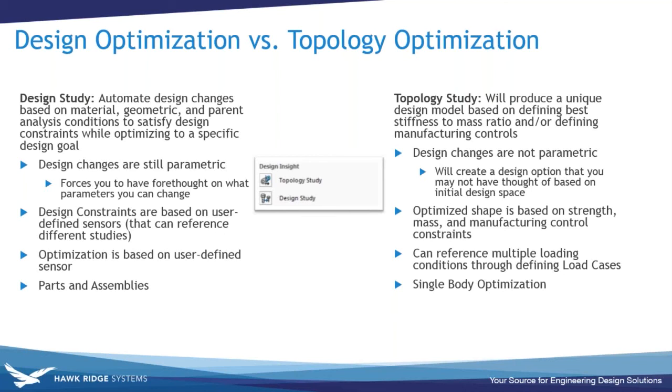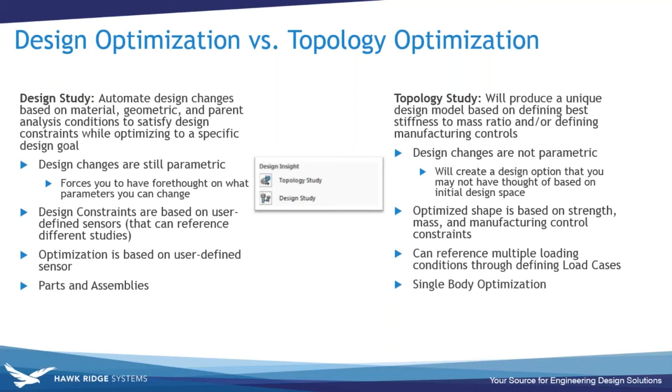So for a design study, it is a means to automate design changes based on material, geometric conditions like dimensions, or based off parent analysis conditions like changing the loads or the amount of loads or the load direction. And it's based off you defining constraints based off sensors that you say it shouldn't exceed a certain stress, or it shouldn't exceed a certain displacement, or it can reference a parent study where, let's say you ran a frequency analysis where the constraint is your overall frequency mode should be between a certain range.